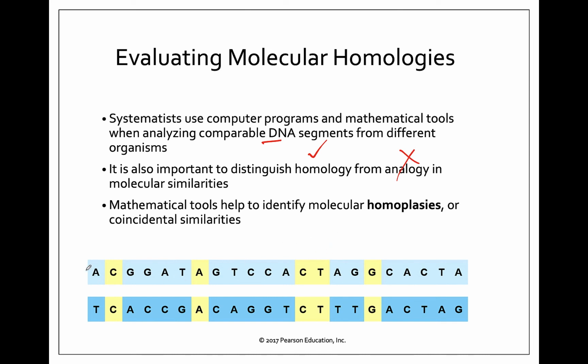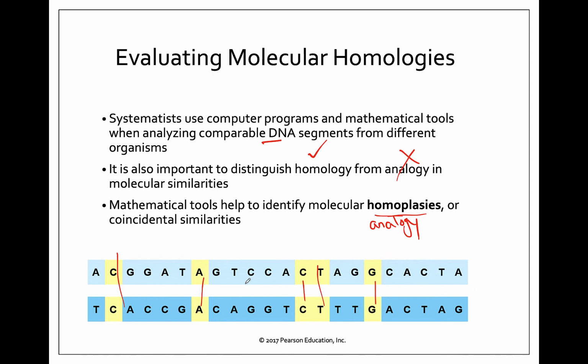Sometimes we'll find homeoplasies. So again, homeo means same. These are actually analogous. So a homeoplasia is an analogy, where we'll see a DNA sequence will kind of match up at a few points here. But you can see kind of generally most of these don't match.